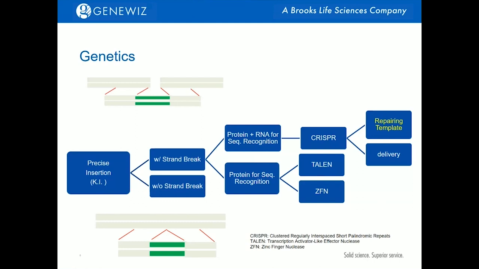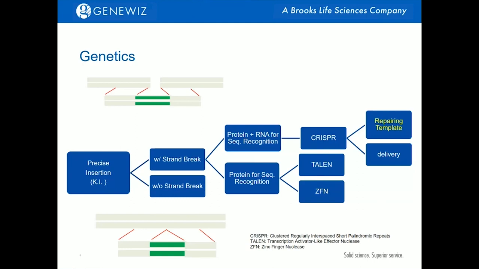Another simpler, hence more popular, choice is the well-known CRISPR system, which utilizes an RNA and protein complex to achieve sequence selectivity. As RNA and DNA pairing is one-to-one, this method quickly became the choice of the people.